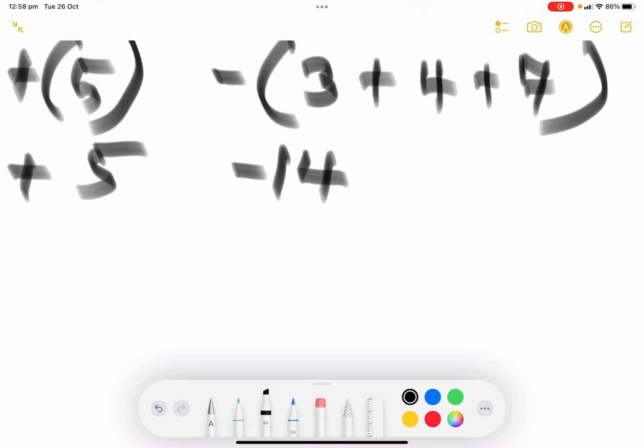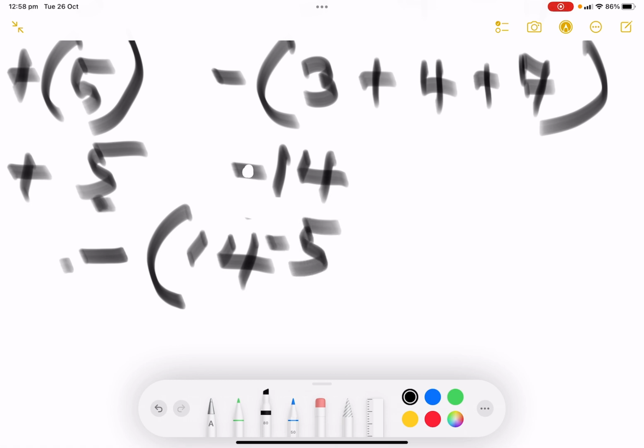The mixed sign rule says that we should look at the biggest number. And the biggest number here is 14. So what is the sign in front of the biggest number? The sign is negative. So we put the negative in front of a bracket, and we subtract the small number from the big number.